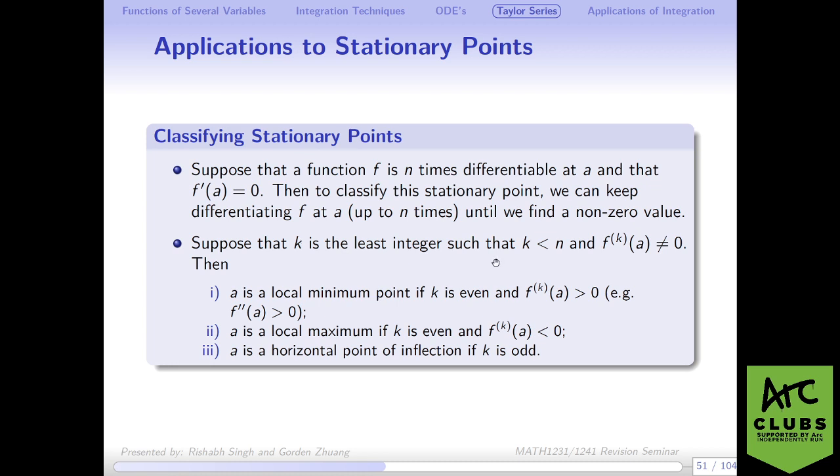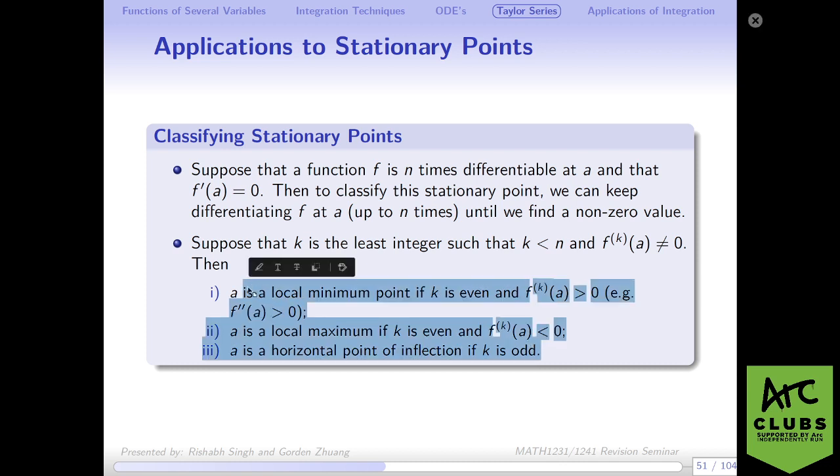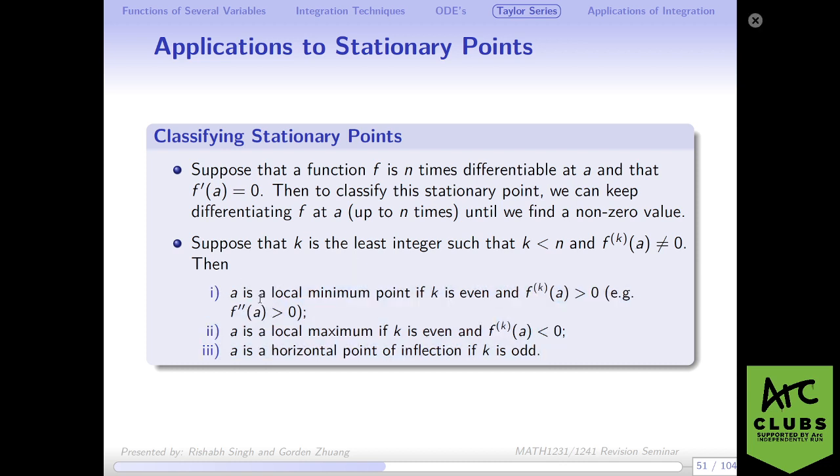The idea is that we keep differentiating until we get something that's not 0, because if we have a stationary point but the second derivative is also 0, that's inconclusive. So we keep differentiating until we find a derivative that's not 0, and these are the conditions which tell what type of stationary point it is.